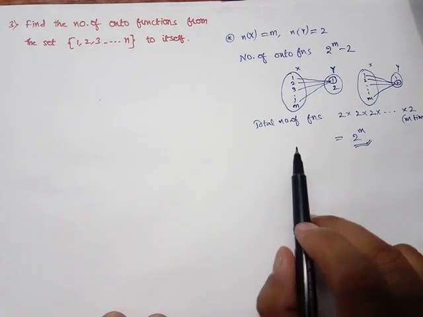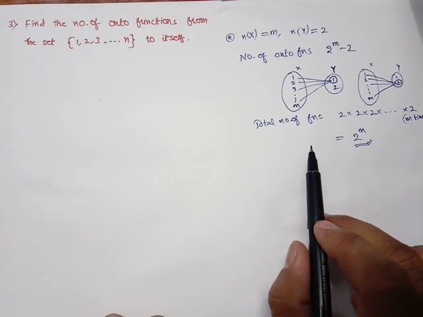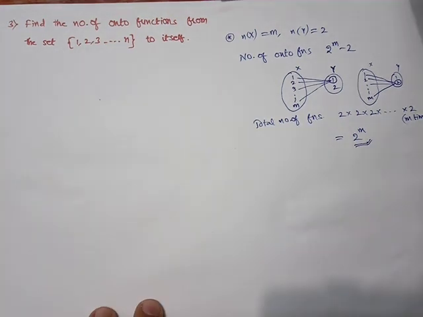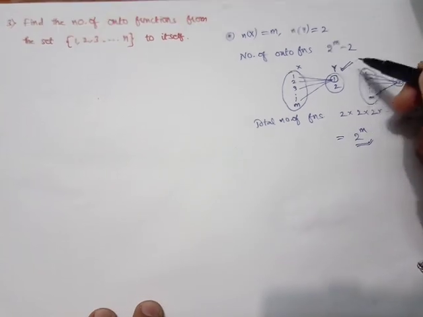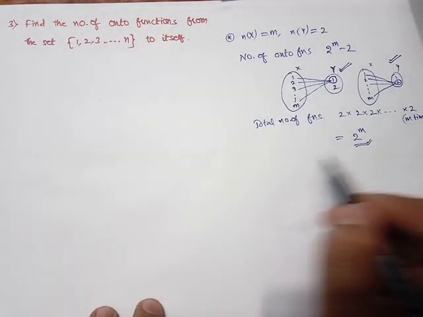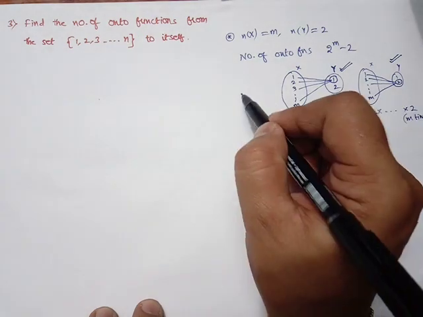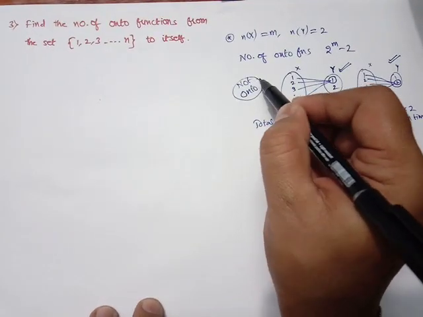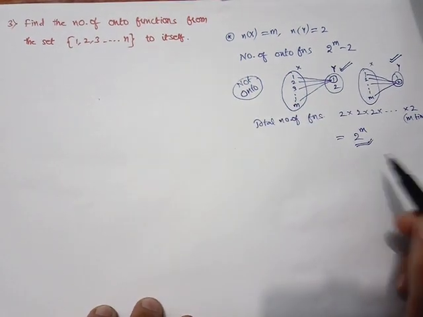Then in all of these functions, two different functions are going to be included. That is, all the elements are going to 1 and all the elements are going to 2. At this time it is not onto, and in the remaining cases it will be onto.